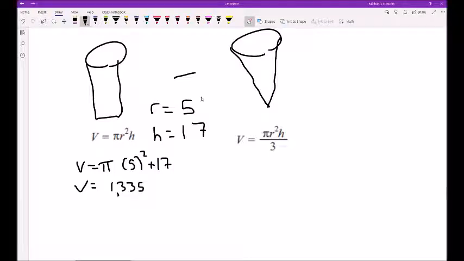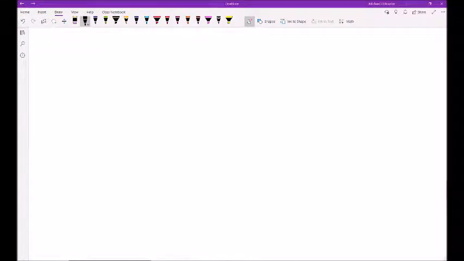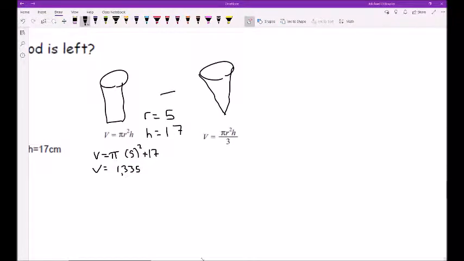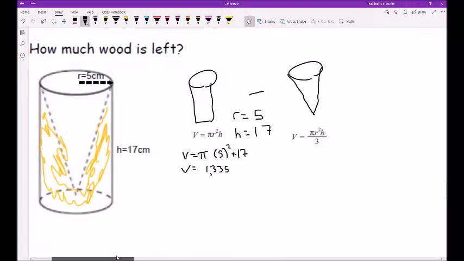I can't find a nice picture. So you're looking for how much wood's left in the chunk of wood. So picture starting with a solid chunk of wood, right? And then you cut a cone out. We want to know how much wood's left in it.